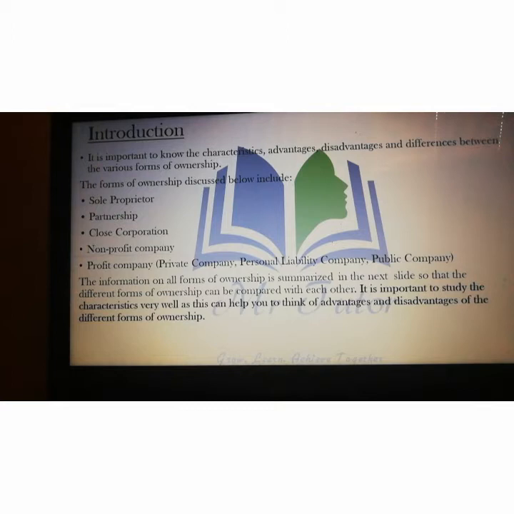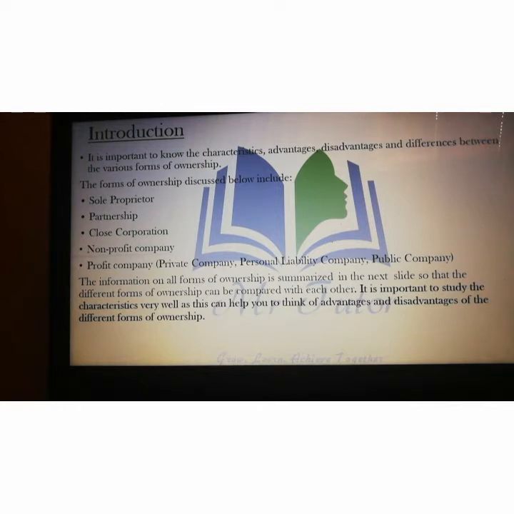For you to understand the difference between a sole proprietor and a partnership, you must have the time to study, not only by reading what you see in the textbook, but to go out there, because all these forms of ownership are there in your surroundings. They might not all be there at once, but there is a sole proprietor kind of ownership in each and every community.